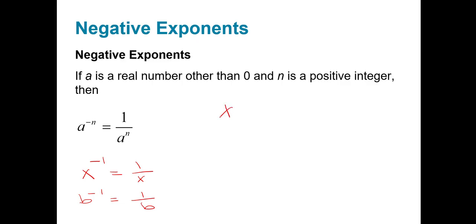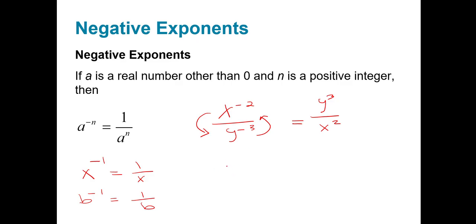Let's say if we have x to the negative 2 over y to the negative 3, we do not want them to be negative, so we are just going to flip them. The y is going to go to the top, the x is coming to the bottom. So then now this becomes y cubed over x squared. And notice how the exponents are now positive.